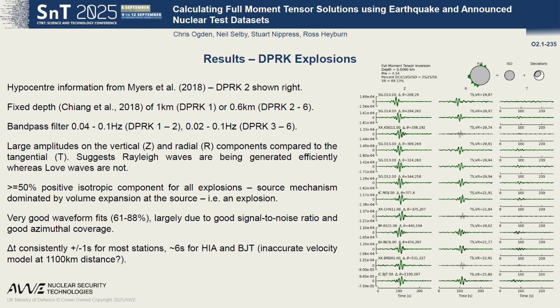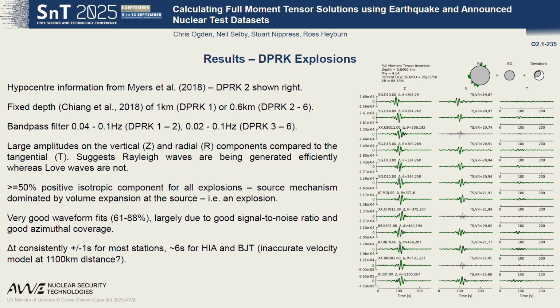I thought I'd show you an example of our explosions. This is from DPRK 2, which was the best constrained waveform. We're getting variance reduction, VR, which is how well your Green's functions, your synthetic data, fit your observed seismograms. You can see that they fit very well, waveform for waveform, on the right-hand side in 3 components.